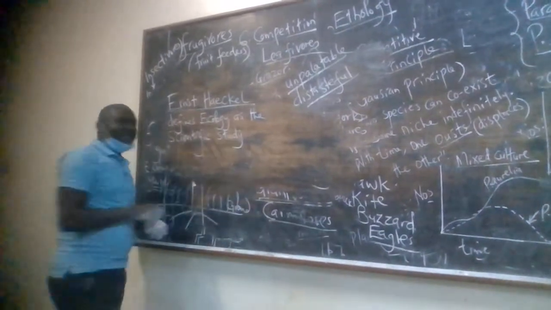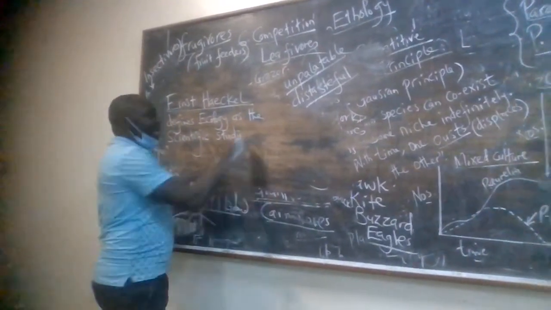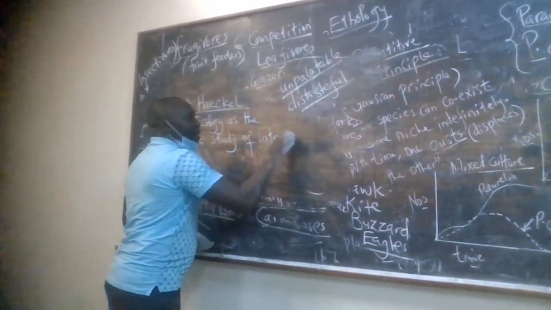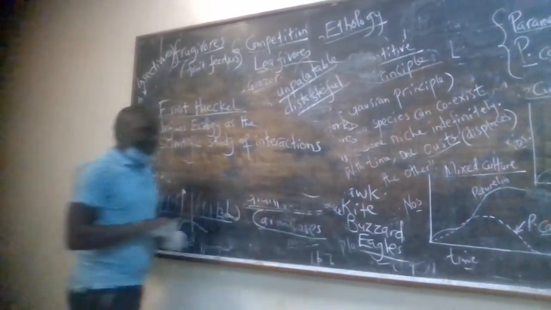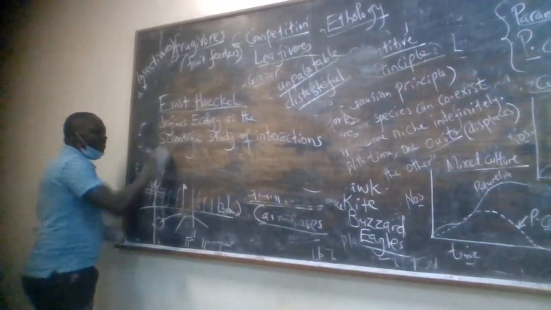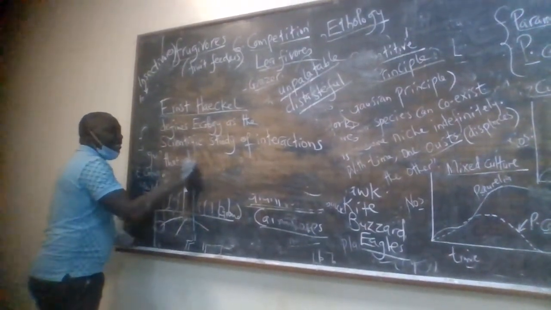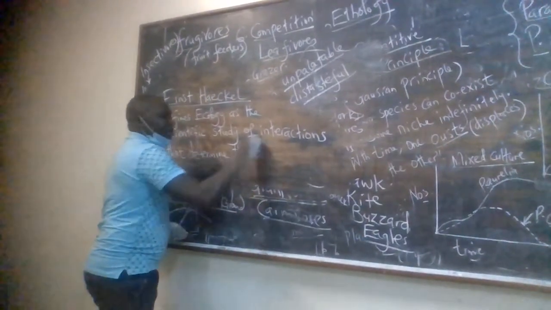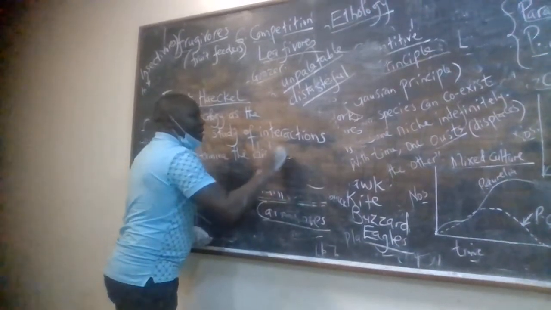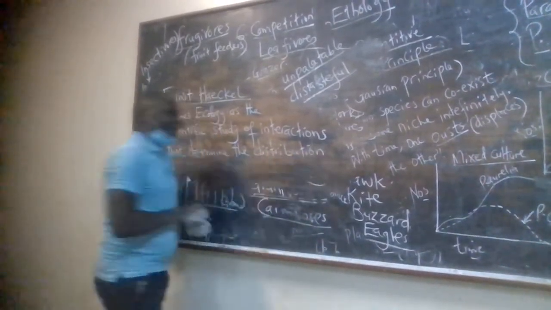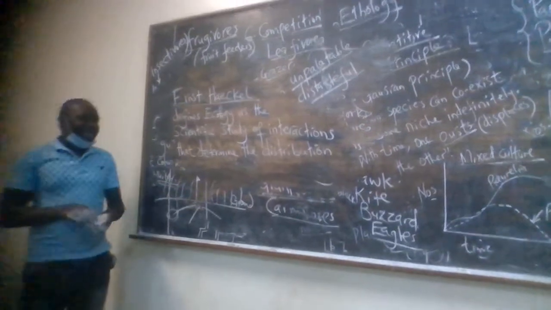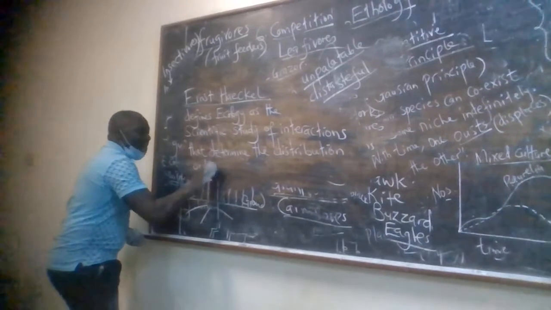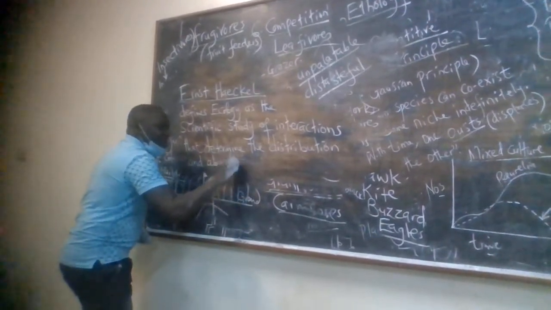He defined ecology as the scientific study of interactions that determine the distribution and the abundance of organisms.